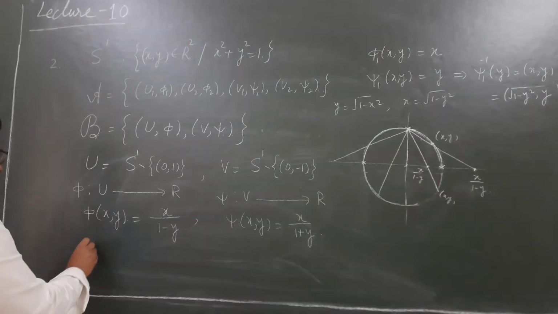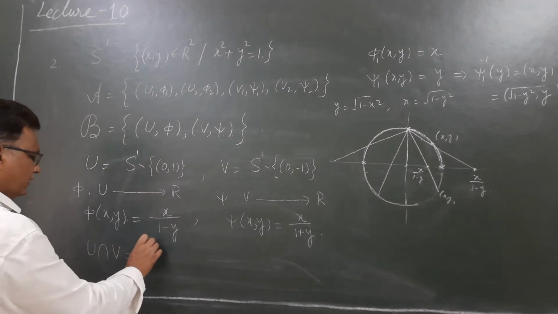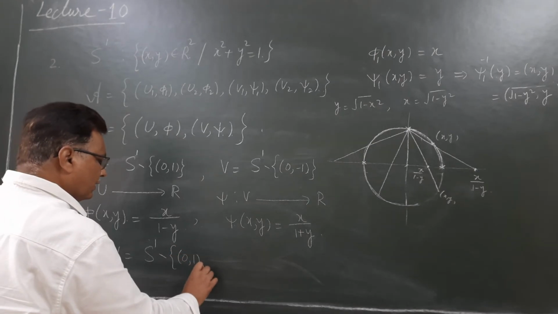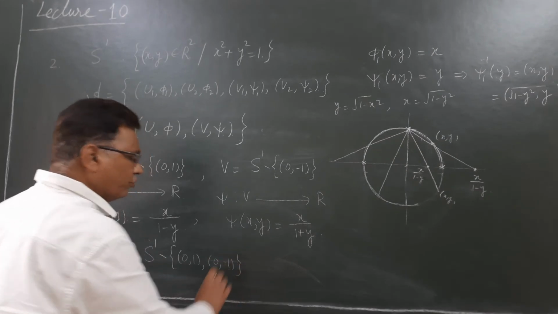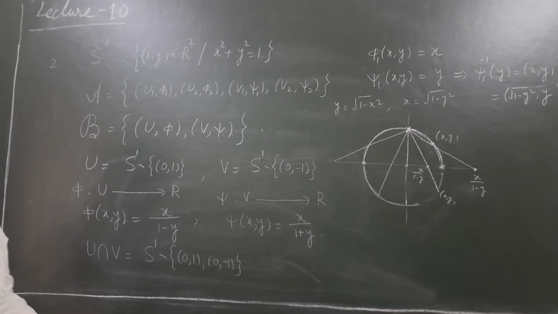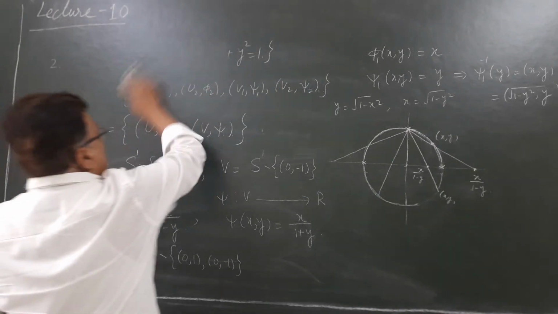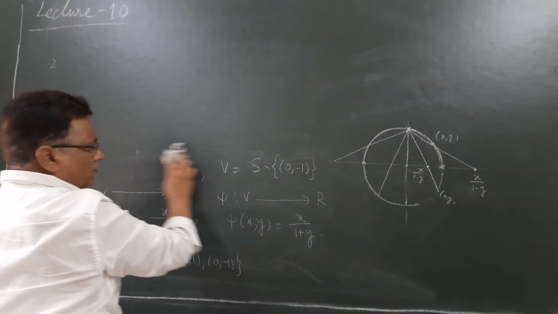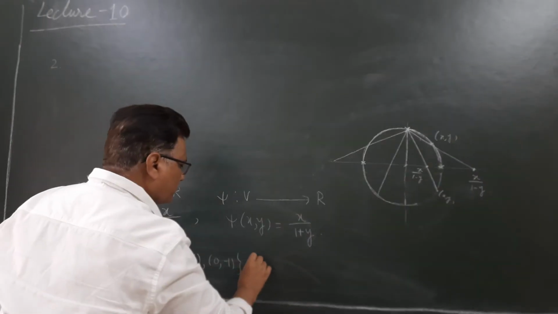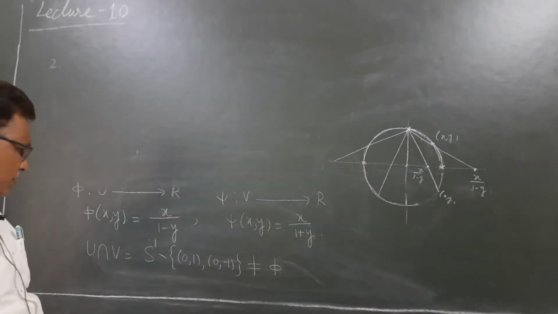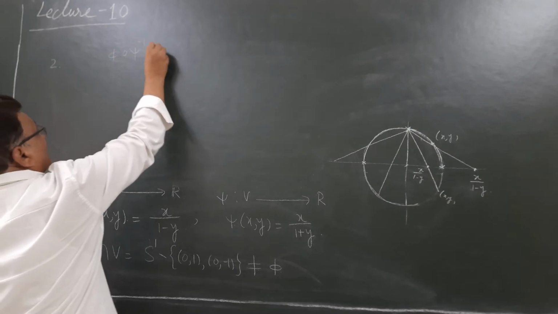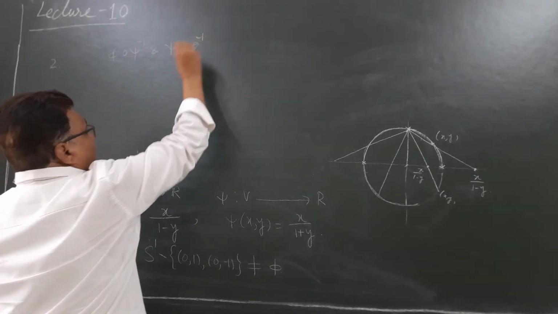So U intersection V is the circle without the points (0,1) and (0,-1). These two points have been excluded, and the remaining part of the circle is U intersection V. This is of course a non-empty set, and therefore I can think of transition maps. There are two of them: phi composition psi inverse and psi composition phi inverse.